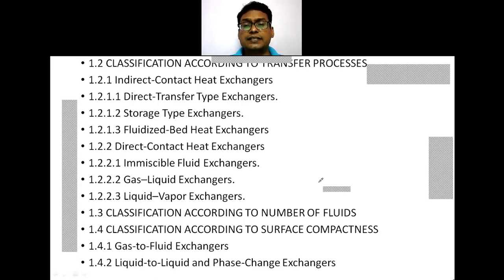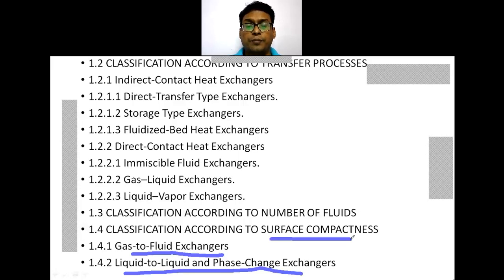That is gas to fluid exchangers, liquid to liquid, and phase change exchangers. Surface contact becomes more important where gas is one of the components. Liquid to liquid and phase change occur, like in condensation or evaporation. So this is the phase change.